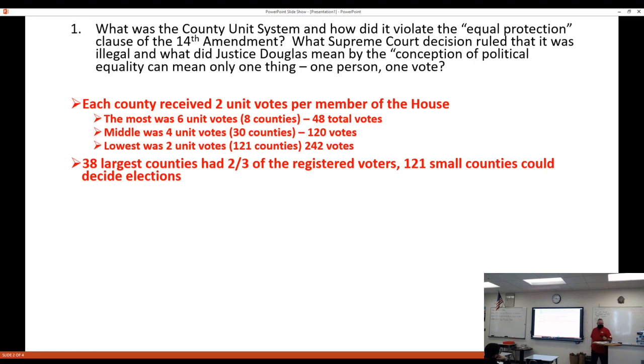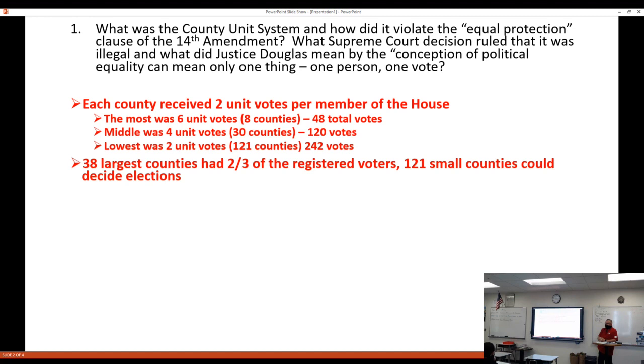So here's what would happen. Here's where we can see the inequality that existed. The 38 largest counties in Georgia had 2/3 of the registered voters. But the 121 small counties could decide an election all by themselves. There's 11 of us in here.